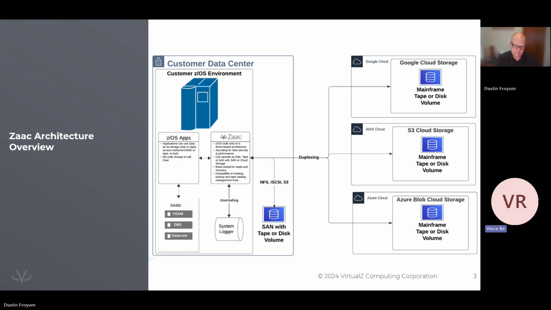So if your volume serial number is Zaac 001, you would see a file called Zaac 001, and we access that over NFS. And again, NFS is mature, standards based, and it's optimized for remote access to data over a network. So we get all of the benefits of the caching and the other advantages in that protocol.